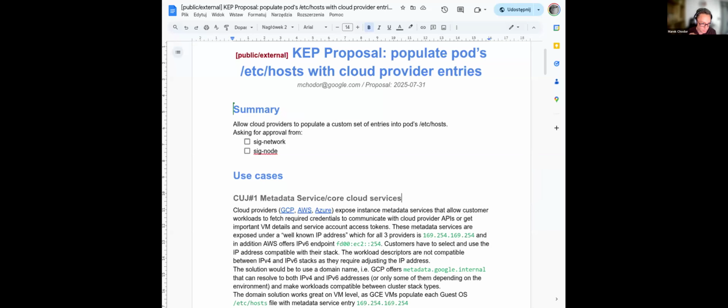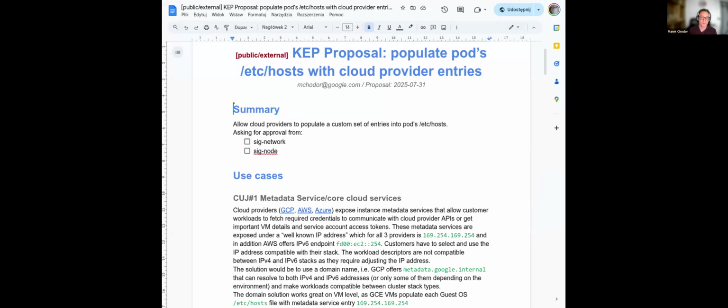Okay, so actually I came here with a CAP proposal, and this is needed to unblock the IPv6 adoption. Right now, all the major cloud providers have some API based on IPv4 that is called metadata service. This is common for Google, for AWS, for Azure.